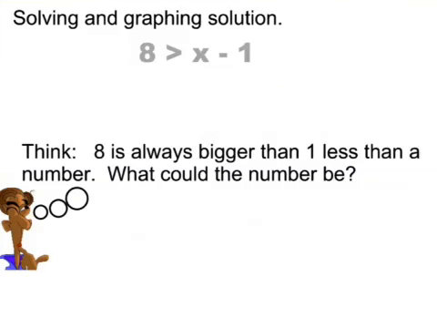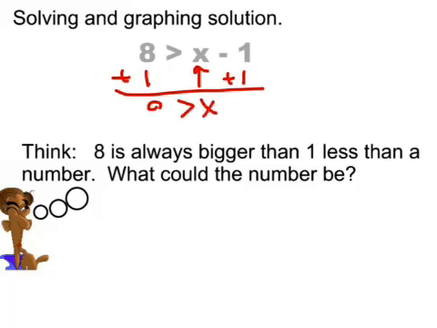Alright, I want to do one more example here. You see here the x is on the right side, so I want to show you how that plays out. If we add 1 to both sides, we end up getting this statement. Okay, x is actually smaller than 9 here. We say 9 is greater than x, or we can read that x is smaller than 9.